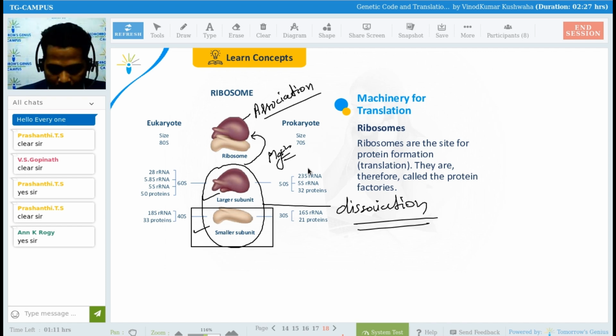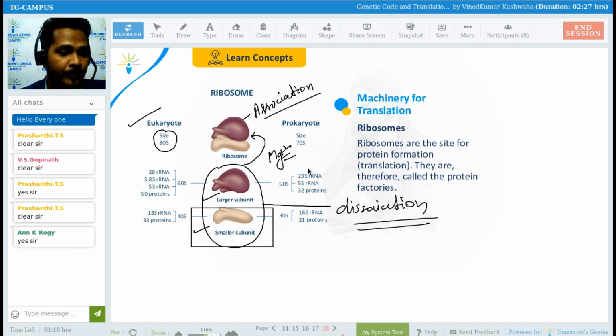Okay. Now, one more interesting thing in ribosomes. There are different types of ribosomes in the prokaryote and the eukaryote. In the eukaryote, the total size of the ribosome is 80S. S stands for Svedberg unit. It is a unit, a Svedberg unit.